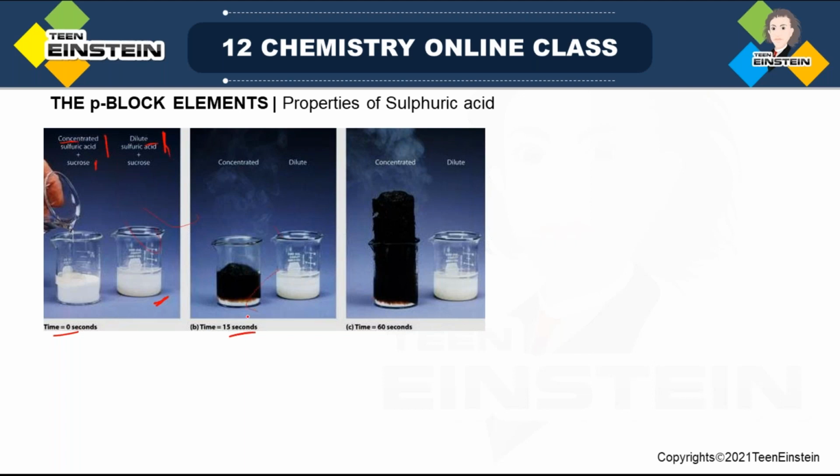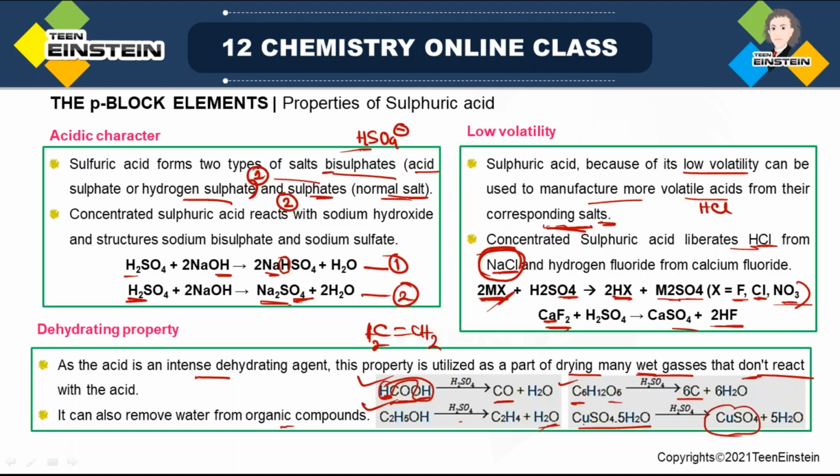Now after 15 seconds, see, now there is a visible change appearing in the concentrated H2SO4 beaker, but not in the dilute H2SO4 beaker. Okay, so why are we getting this type of black mass? It is because of the formation of carbon. Remember the reaction, this one.